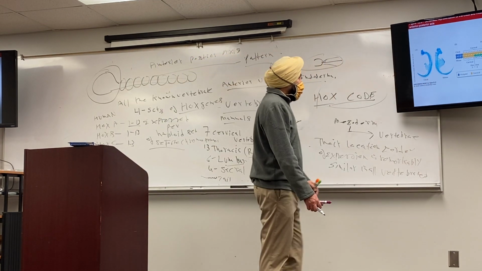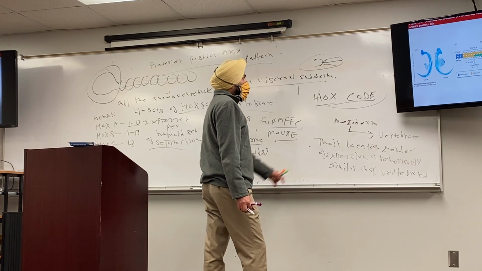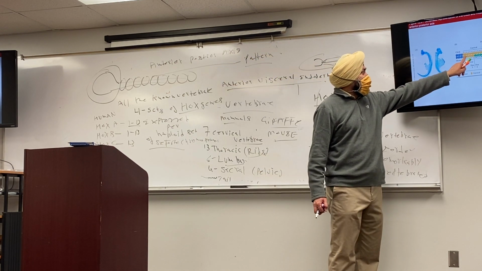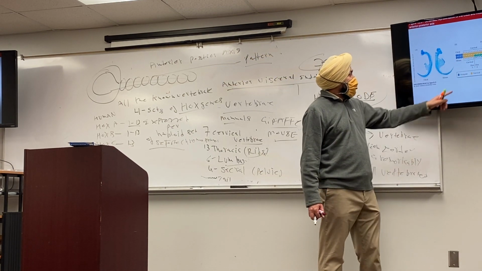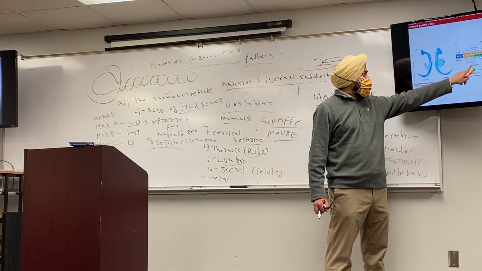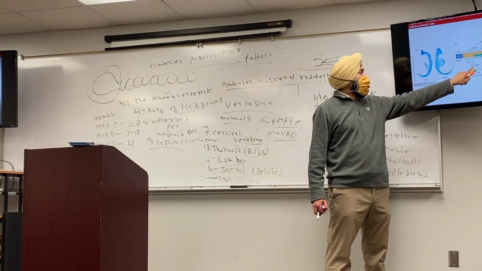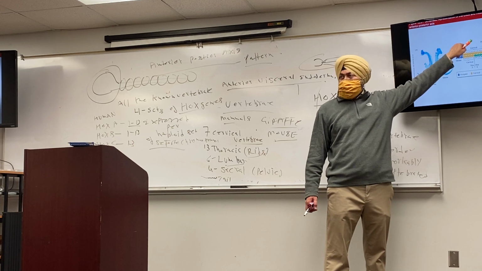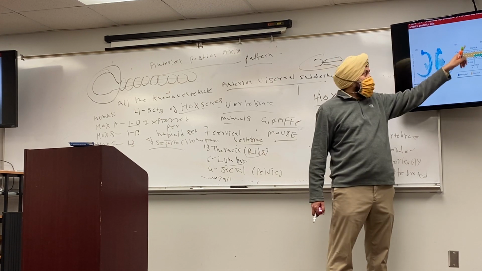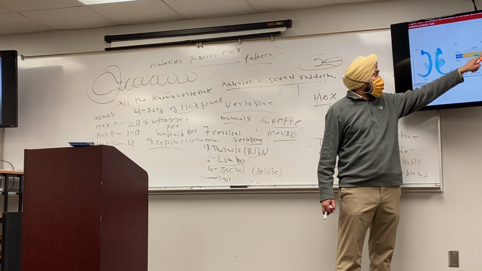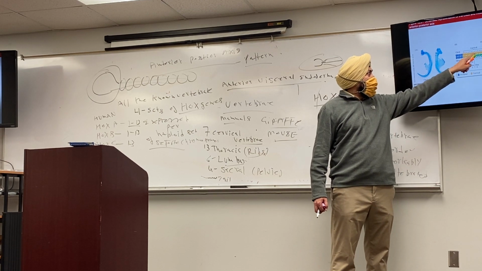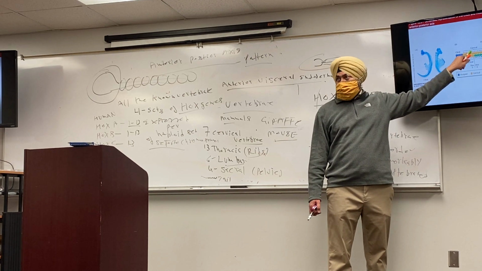We are showing here in the mouse these cervical vertebrae, and we are saying these vertebrae are patterned because of this Hox5 expression. Here the chick has more cervical vertebrae, so they have more area with the Hox5 expression.